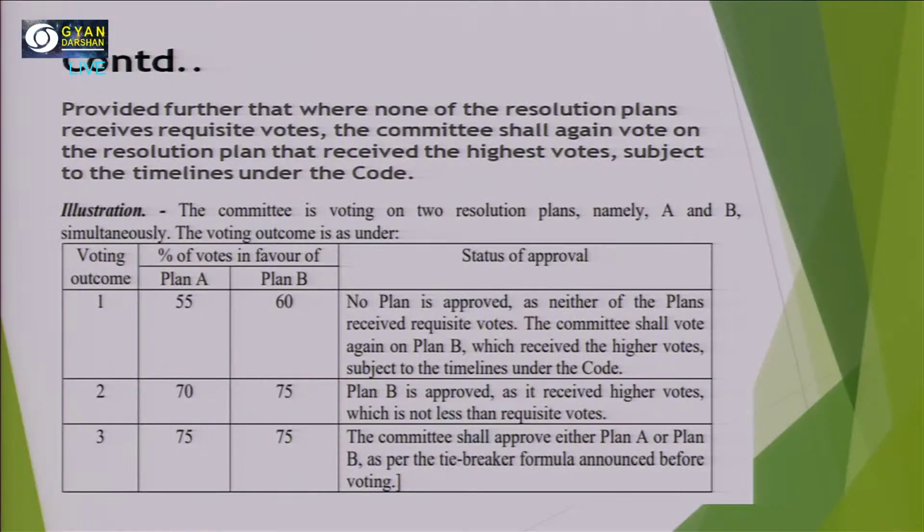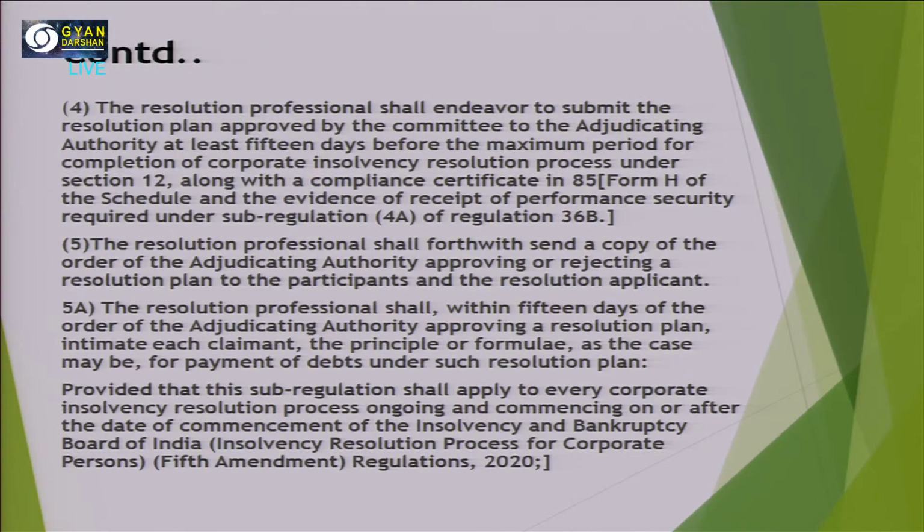Here a demonstration has been made of how the scoring is done. If plan A gets 55 and B gets 60, then B will be approved. With 70 and 75, B is again scoring higher. But with 75 and 75, if two plans have got 75 each, there is a requirement of the tiebreaker formula.